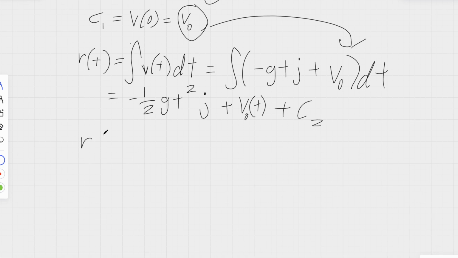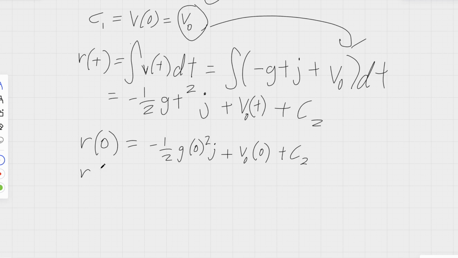Now, to solve for c sub 2, we can set t equal to 0 and solve for the position function. So here we plug in 0 for t, so we get negative 1/2 g times 0 squared j plus v naught times 0 plus c sub 2.